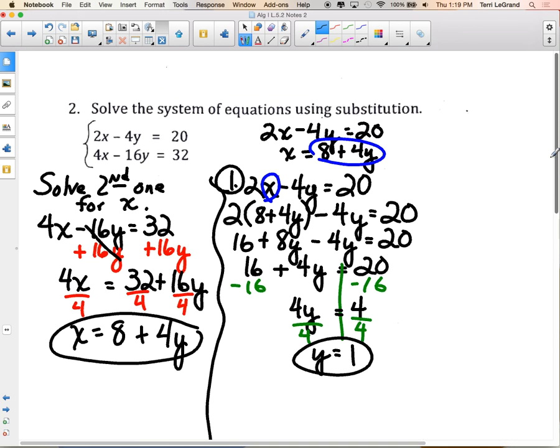Right now on your own, what do you think you're going to do in step 2? Which equation are you going to use to get our other variable's value? Anybody want to share with me your idea? Shay? The second equation, the 4x minus 16y equals 32? Or its new name?